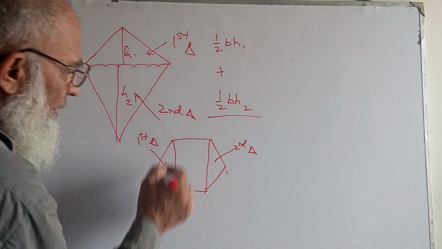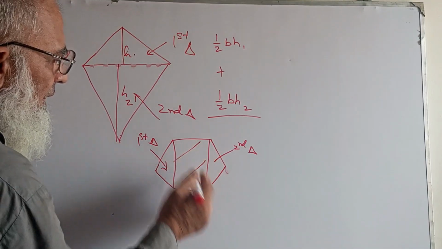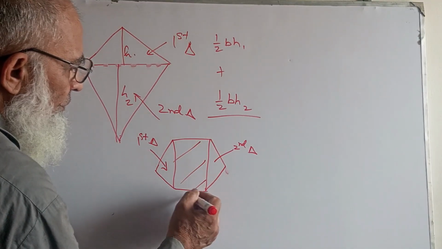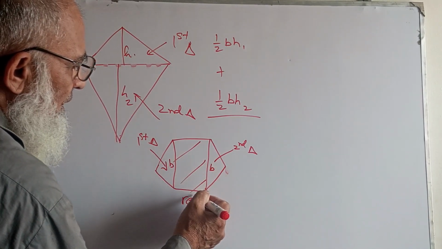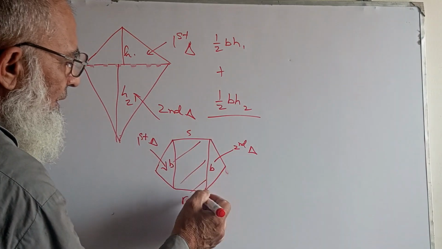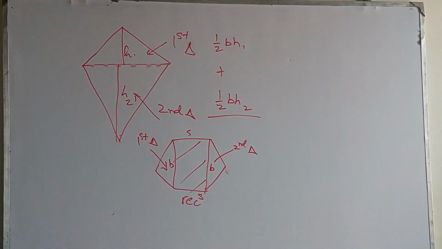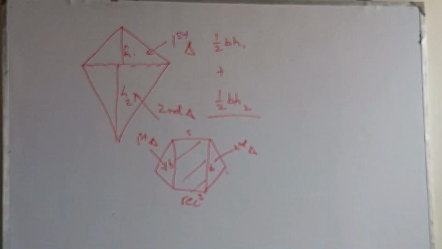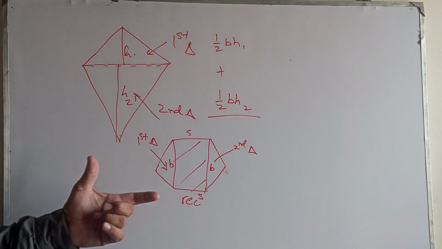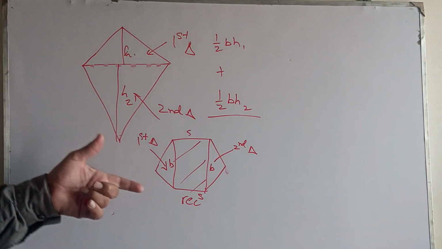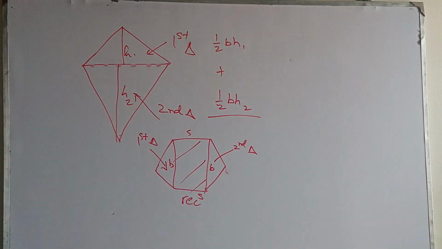And what is this? This is a rectangle. So you can easily, if it is base, it is base, it is side, it is side, you can also easily find. So you can always find some triangles and regular figures in the irregular or other two-dimensional figures to find out the area.